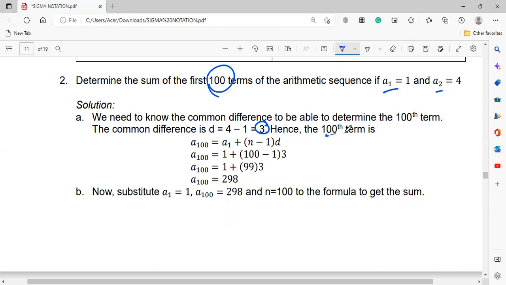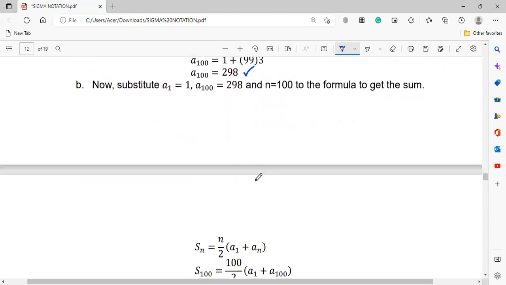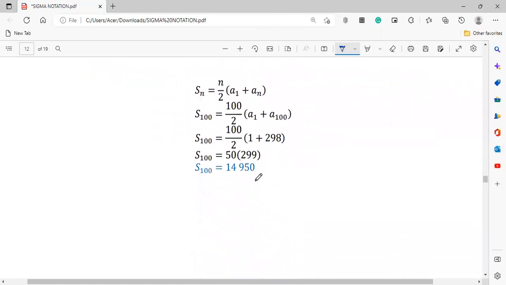So the 100th term is simply a sub 1 plus n minus 1 times d, and that is 100 minus 1, 99 times 3 plus 1, then the 100th term is 298.